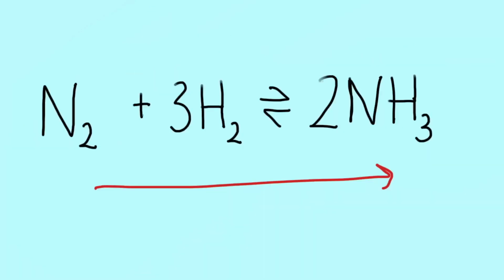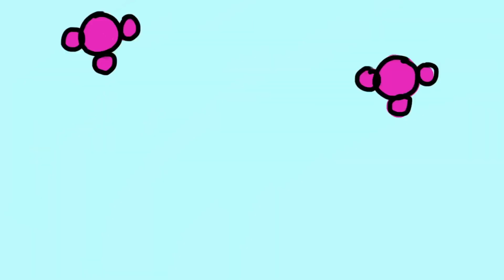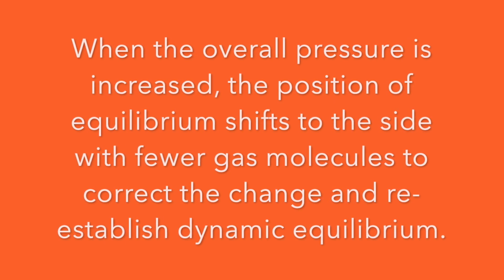So the position of equilibrium shifts to the right, where there are 2 molecules of ammonia being produced from 4 molecules of nitrogen with hydrogen. And so it shifts to the right to correct the change. By having 2 molecules of ammonia instead of 4 molecules being produced, it will lead to the pressure going down and the change being corrected.